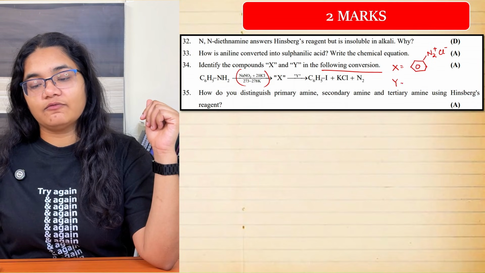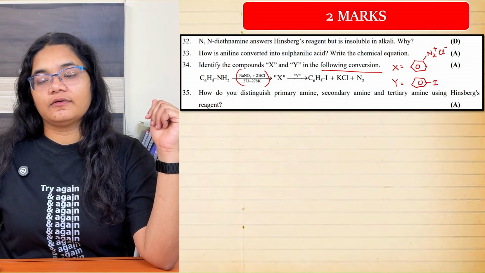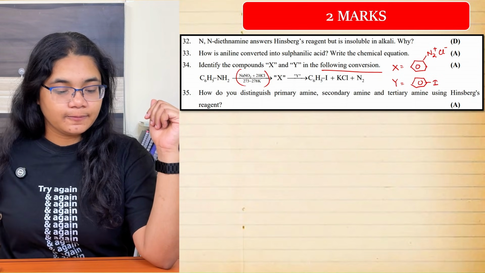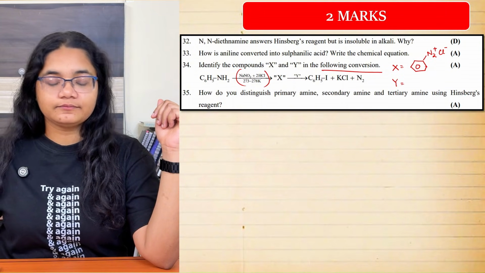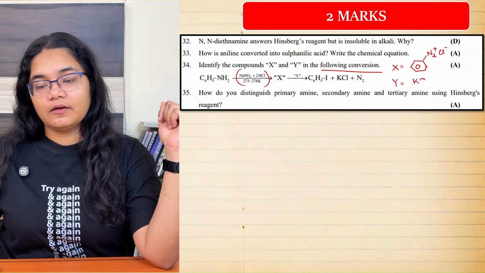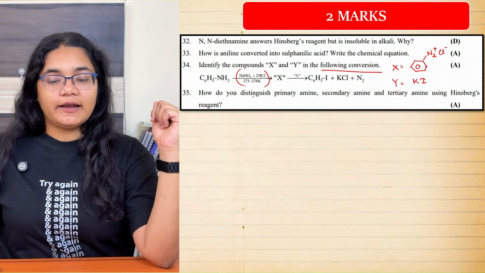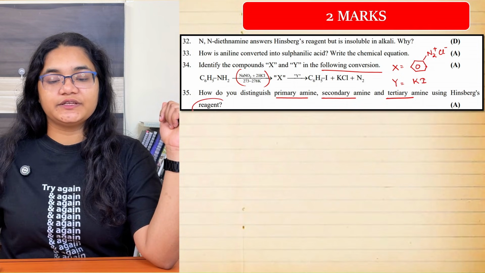So Y will be obtained if I treat it with KI. Sorry, the reagent I have written has to be KI.